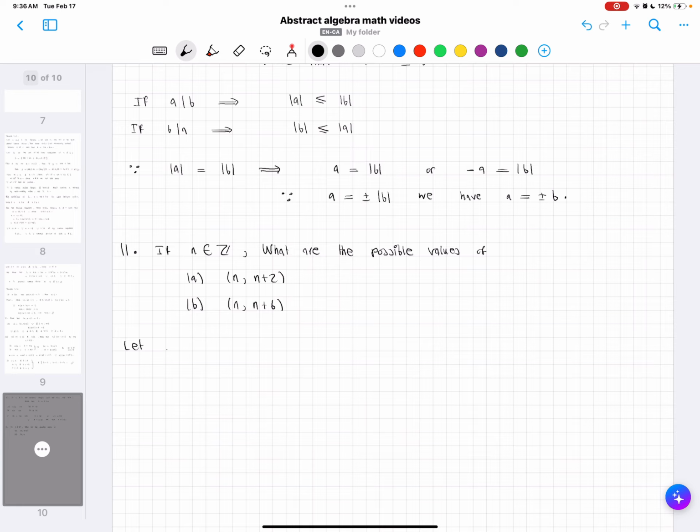So let D be the GCD between n and n plus 2, and then D divides n plus 2 minus n, which is 2. So it can be any of the possible divisors of 2, which are 2 and 1.